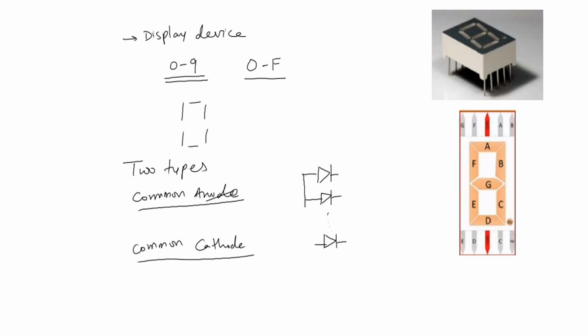If the positive terminal of the diode is connected to the common terminal, that kind of configuration can be called common anode. If the anode is common, then we call it common anode, and the other side is nothing but these lines like A, B, C, D and so on, right?